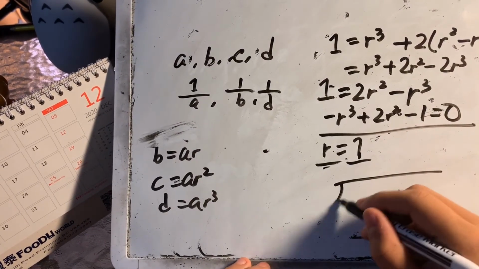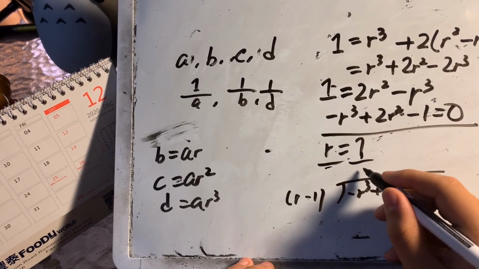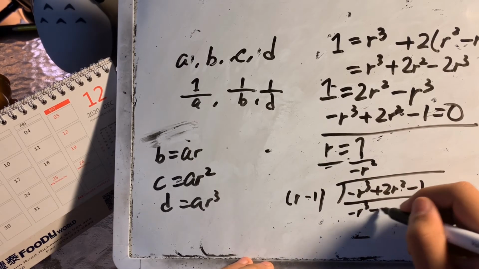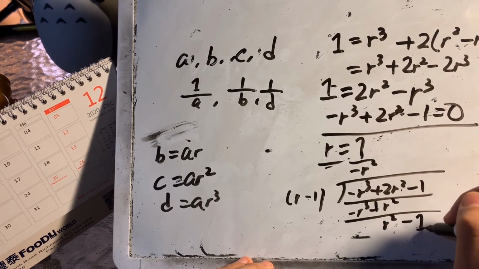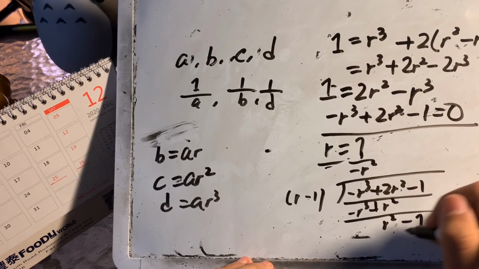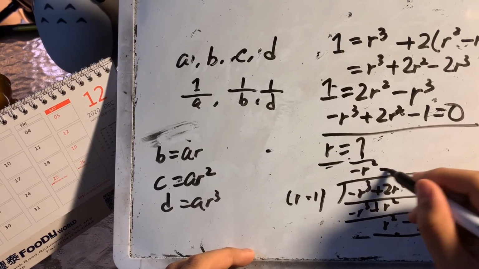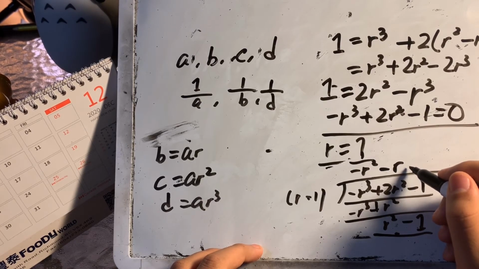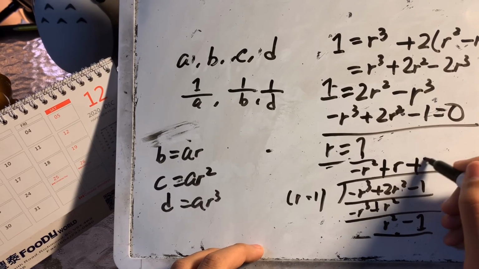Let's redo it. This minus this, we get that this has an r. Has a plus r, and then it has a plus 1.